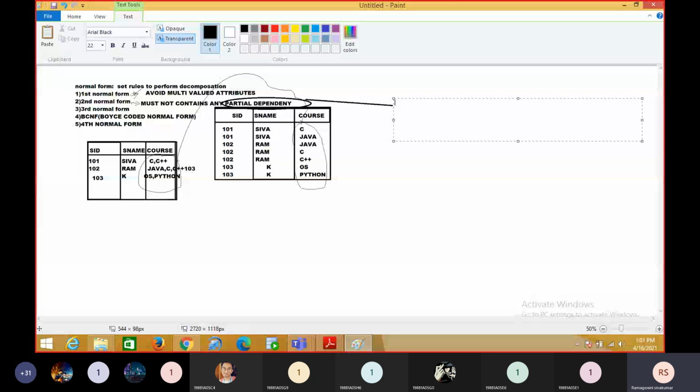So we should avoid this. How to avoid this? Create one table here.